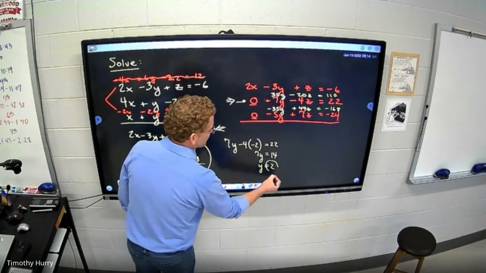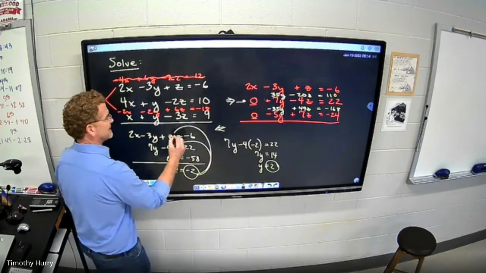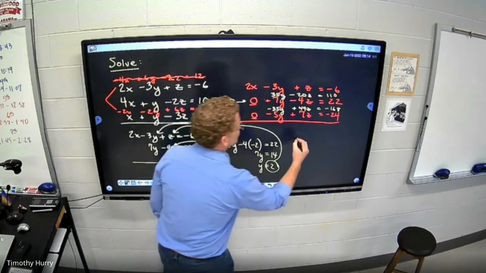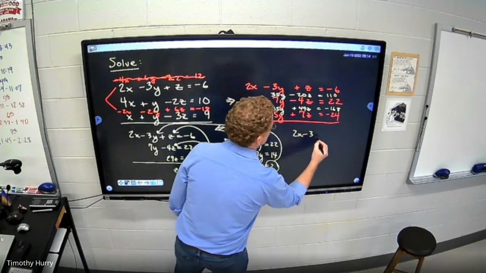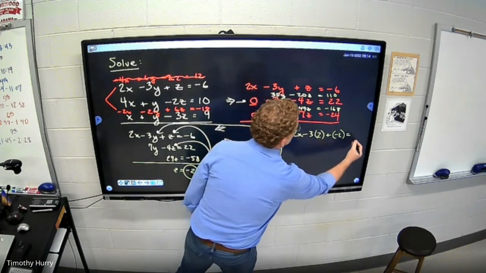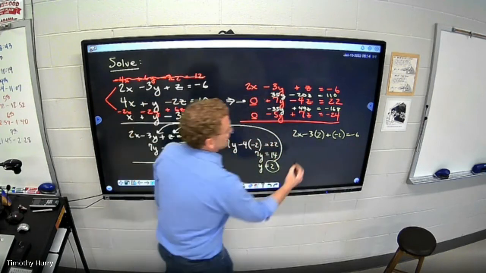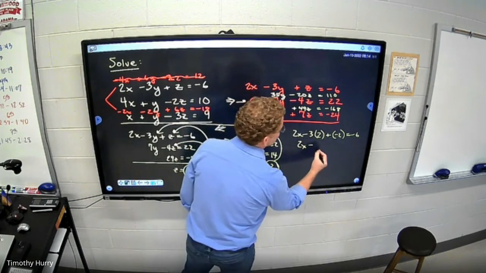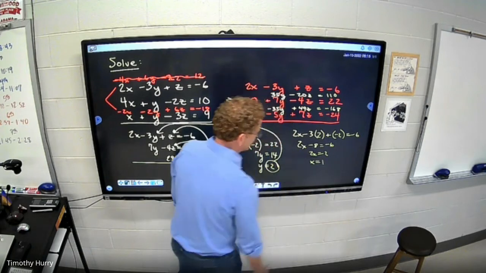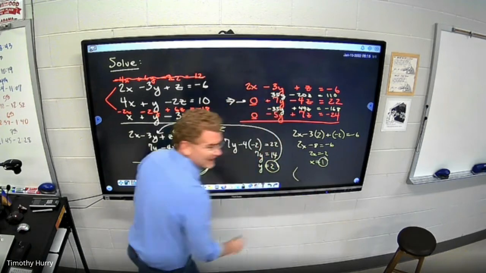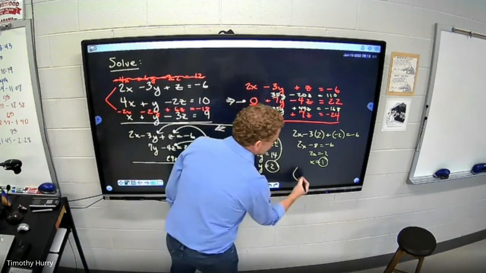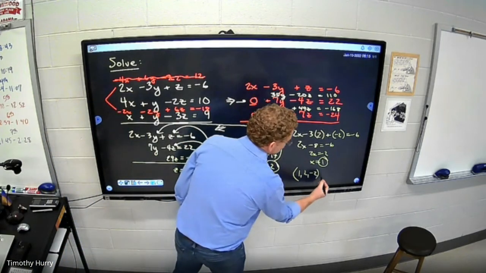And then once you get your y value, you're going to take your z and your y and plug it back in and solve. And you're going to get 2x equals 2, and x equals 1. And because we want to write these as nice, neat, ordered triples, we're going to write 1, 2, -2 as our solution.